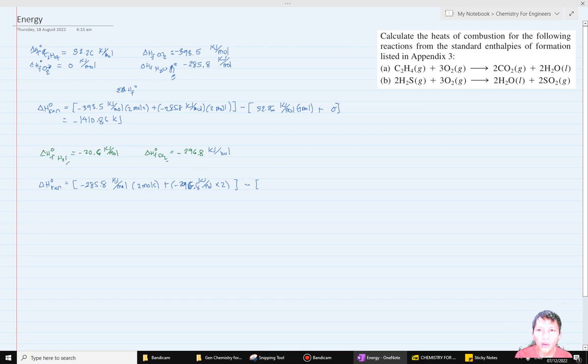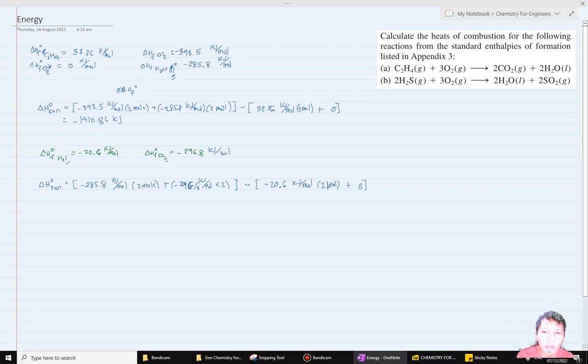For your reactants, you have H2S, you have minus negative 20.6 kilojoules per mole of your H2S, multiplied by 2 moles. And then lastly, for your oxygen, this one actually has 0. Anything molecular or elemental has zero heat of formation, even metals.